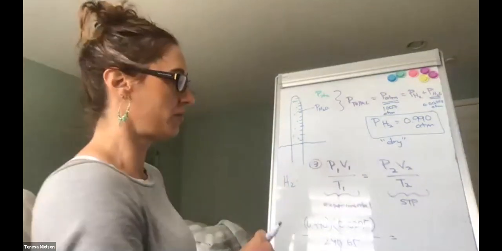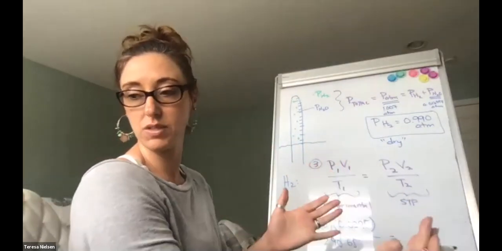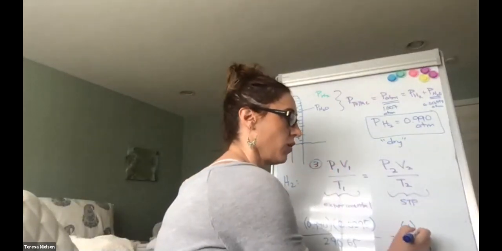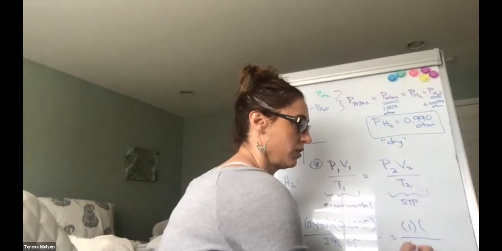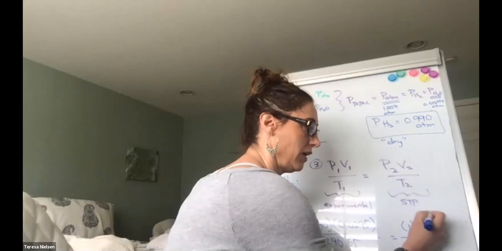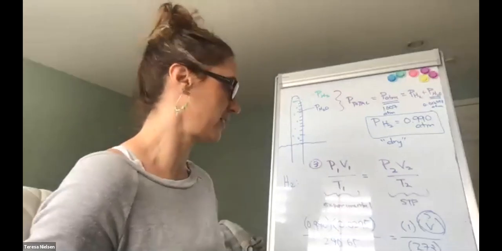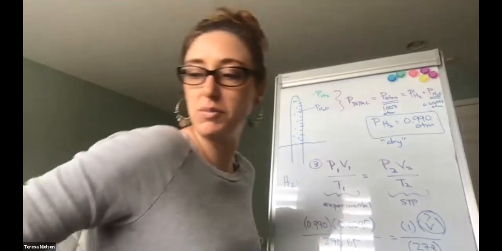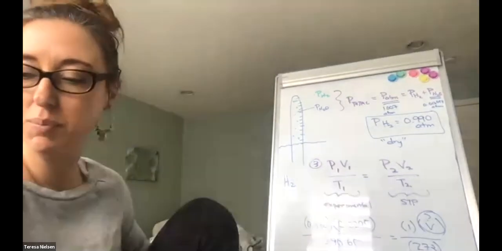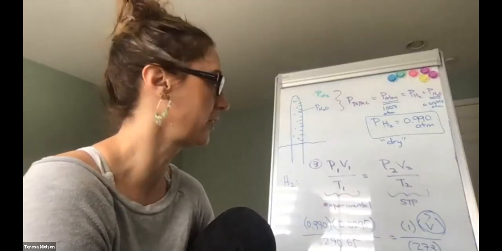Then we said, what if we took this sample of gas and applied it to standard temperature and pressure, 1 atmosphere, 273 Kelvin? What would that volume be? And then you solve for that. What did you guys get for that? Well, the volume, you should have a small decimal, like 0.0274, is what I got there, liters.